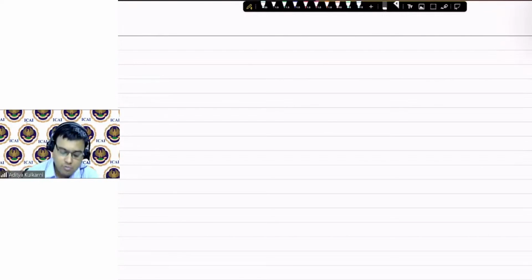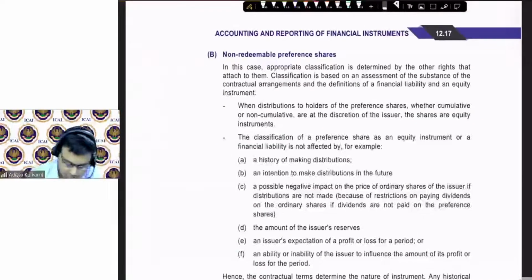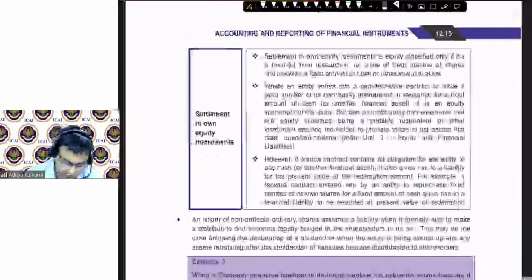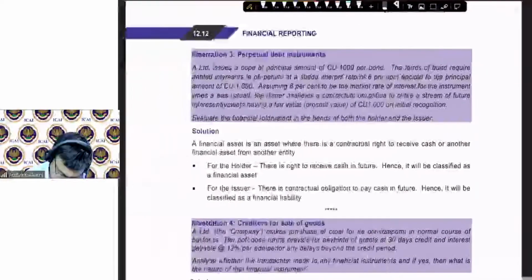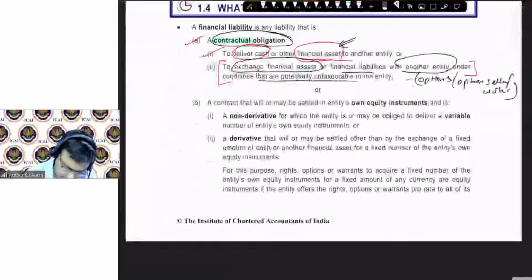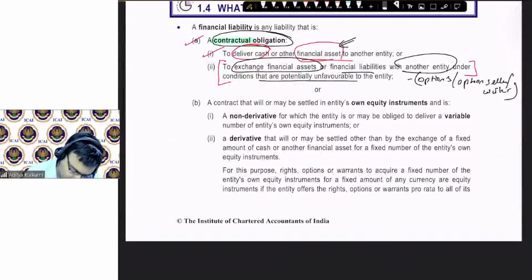Fine. Let us now move on to the next part. Let us understand that we are still in the definition part.